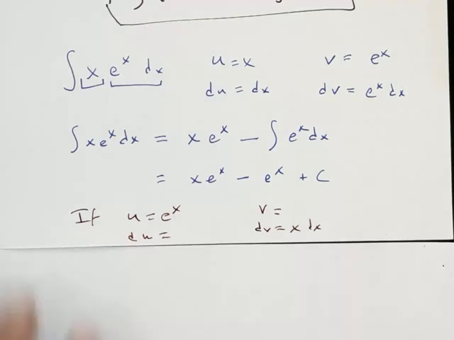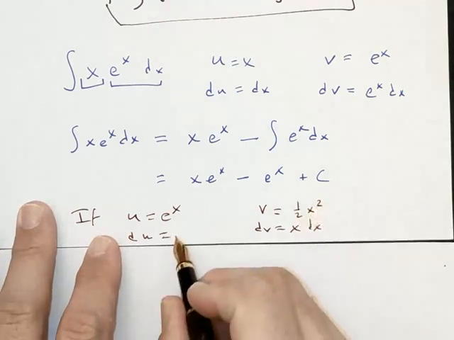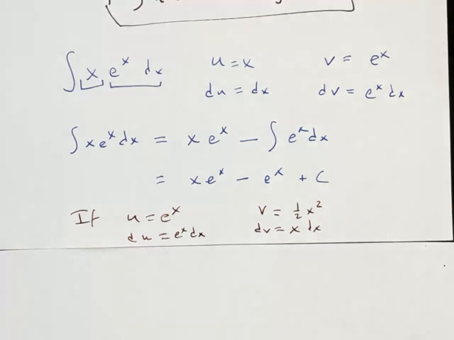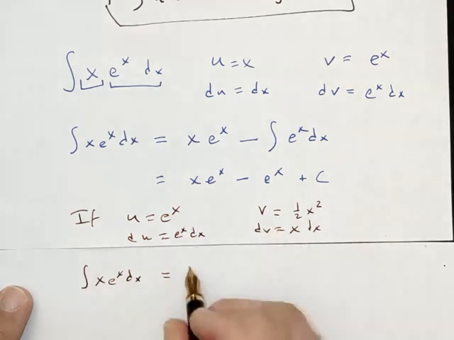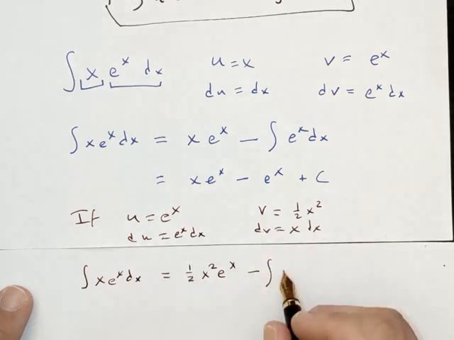Yeah. It would be 1/2 x squared. It would be e to the x dx. And notice now, this is still correct to write that the integral of x e to the x dx is uv minus the integral of v du.